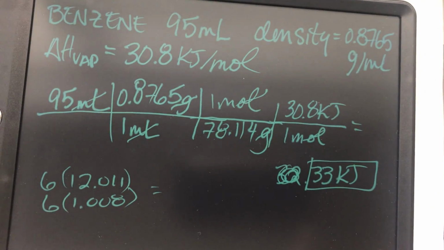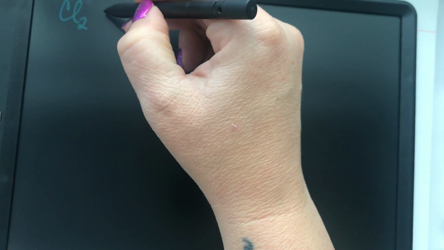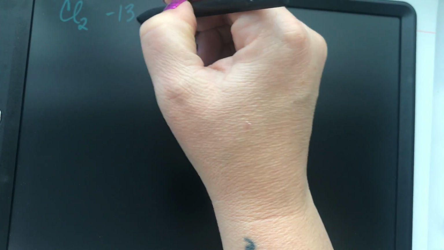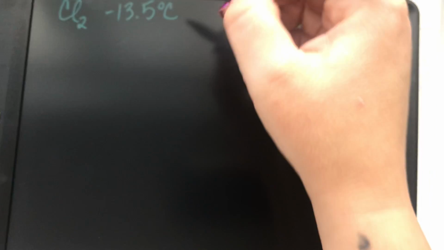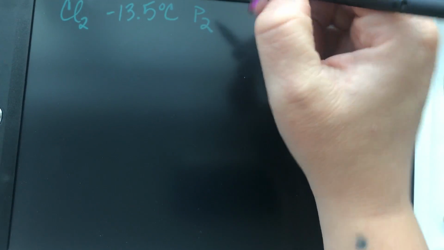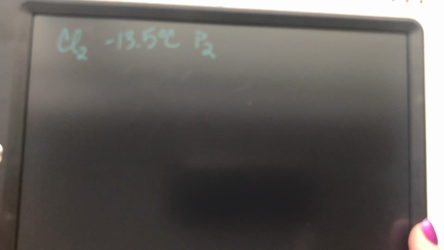Okay. All right. So we are looking at chlorine gas at negative 13.5 degrees Celsius, and we're looking for the pressure.